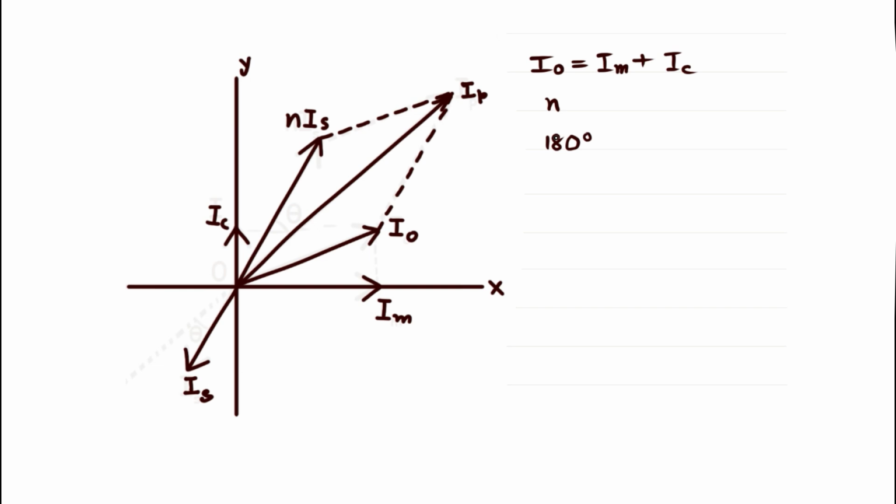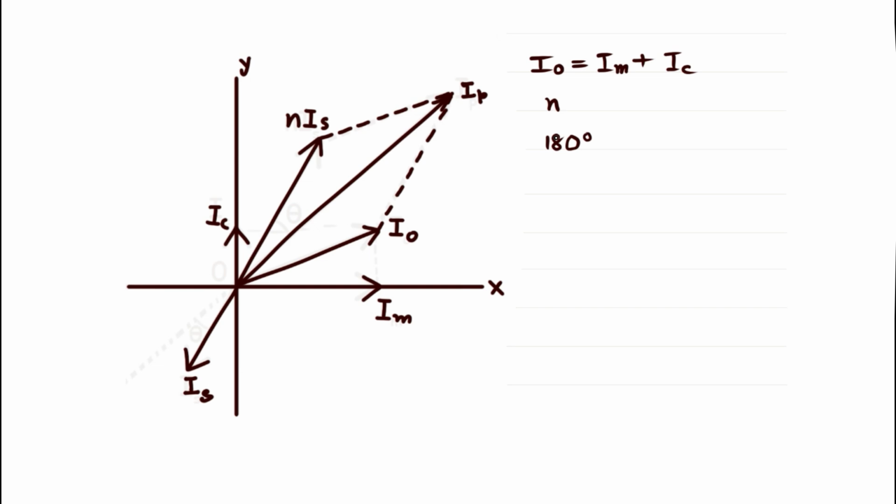That means we are injecting this current IP into the CT, and a portion of this primary current, that is I0, will be consumed as excitation current of the CT, and the rest of the current will be transformed to the secondary.